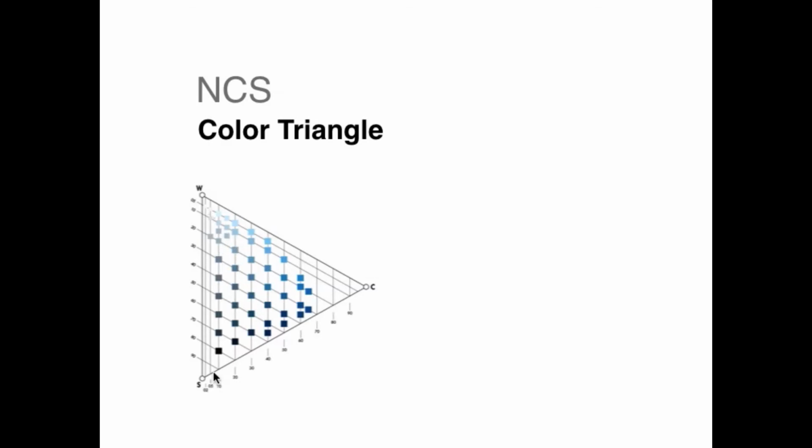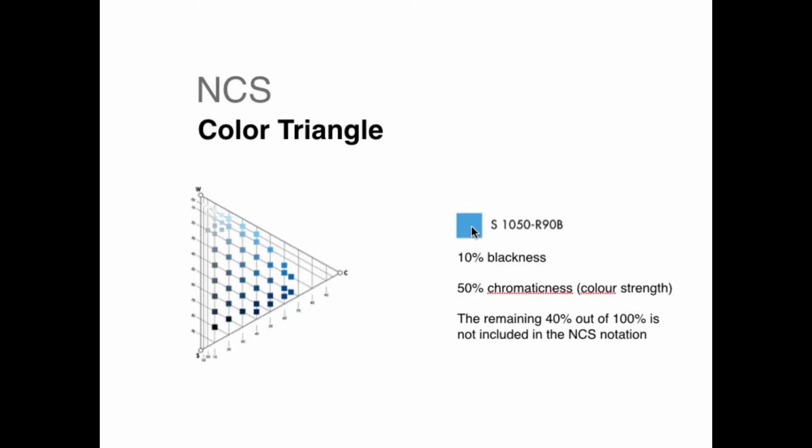And so we are looking at how color is specifically named and notated within the NCS system by virtue of its position. For example, this blue is a standard color, and it has 10% blackness and 50% chromaticness, and it is 10% red and 90% blue.